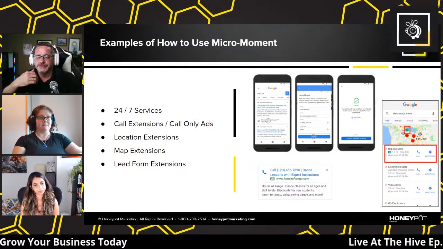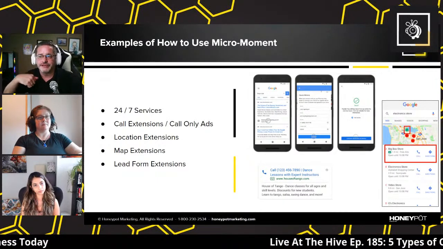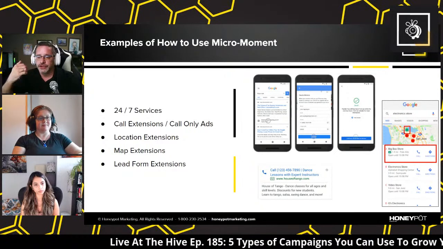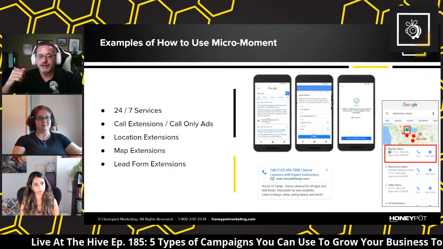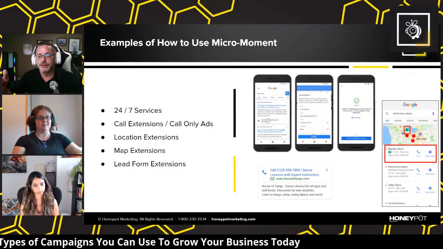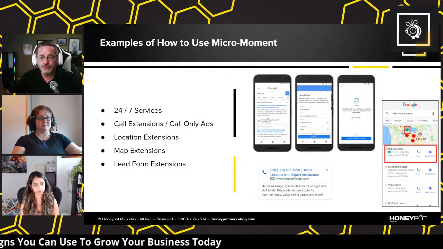These extensions were created by Google based on all of this micro moments research they spent years doing. You can have a call extension, a map extension, and you can become Google verified as well with a big trust mark, and you can put reviews on there.